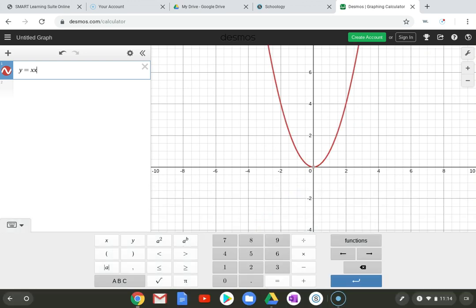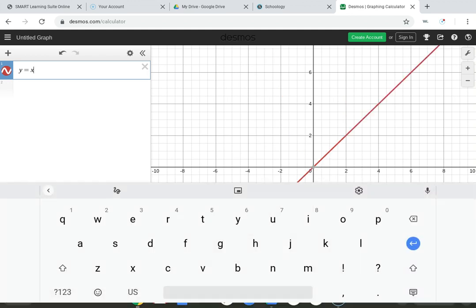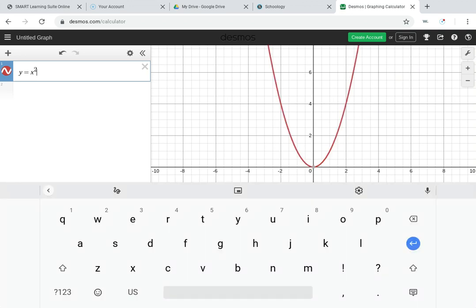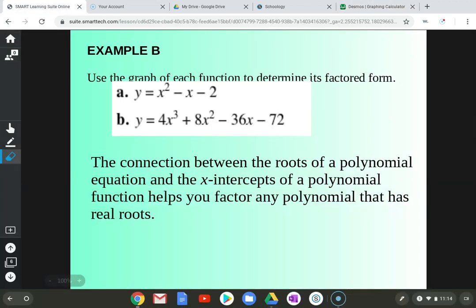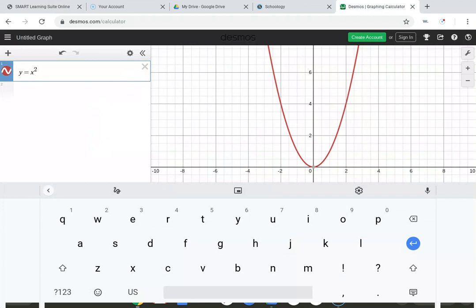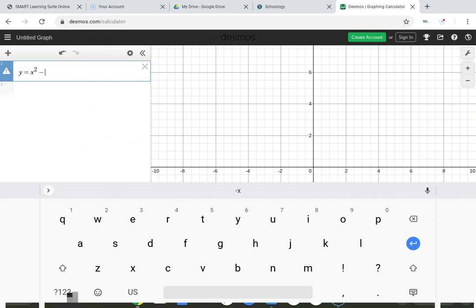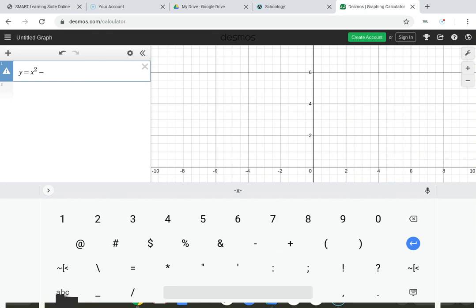Oh my gosh, this is taking forever. I'm sorry. We'll get this eventually. Now I got to find what I'm doing. X squared minus x minus 2. Where did it go?